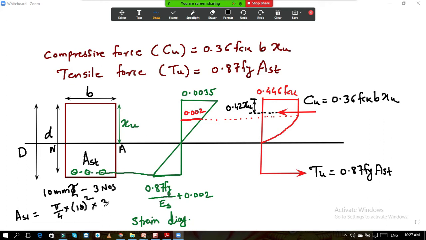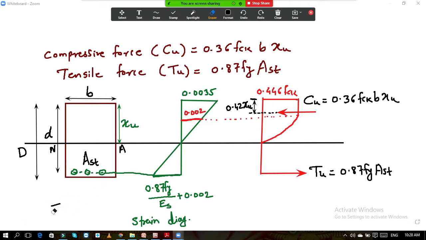Such 3 bars you have provided. This is the value of your area of steel which you have provided over here. I hope now you understood. So this is your area of steel. So the tensile force is your stress, that is 0.87 Fy, the stress in steel, into Ast. So these points we have seen in the last lecture.